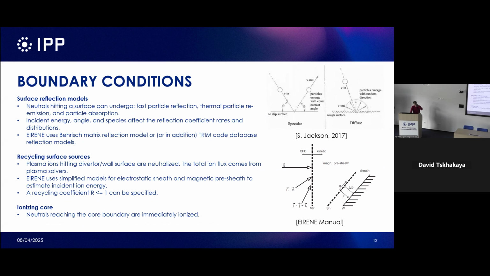IRENE uses two models for surface reflection: the Barish matrix reflection model, or in addition, a database of TRIM code simulations.